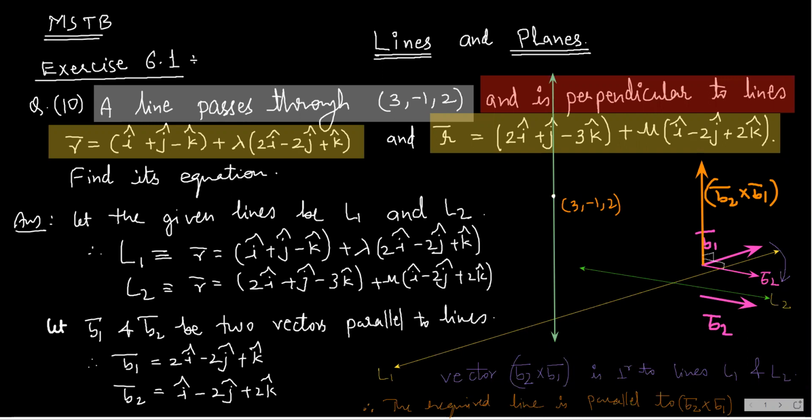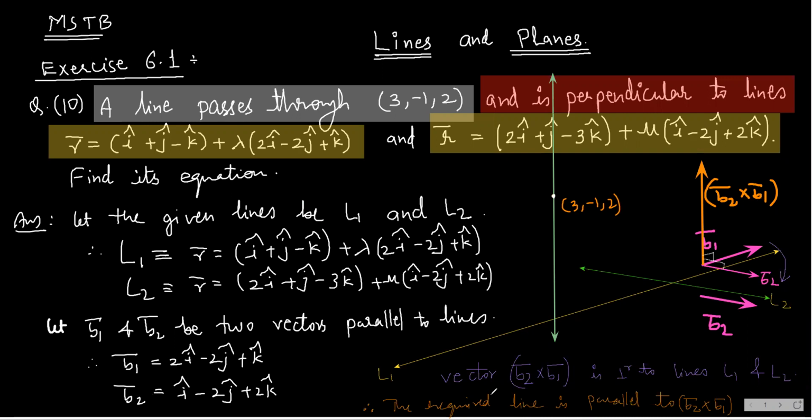Come on, pause the video and find B2 bar cross B1 bar. We want a vector which is parallel to the line, because we want to find the equation of this line. This B2 bar cross B1 bar is the vector parallel to the line.